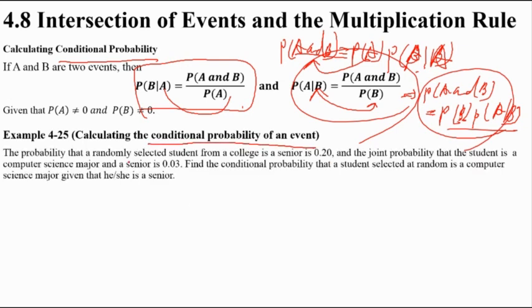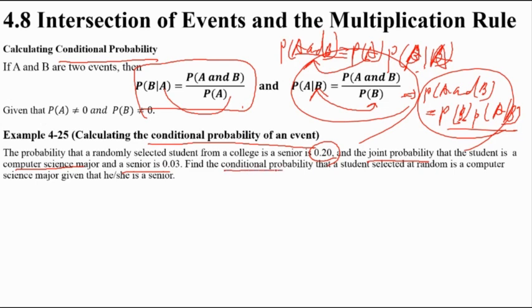So the probability of randomly selecting a student who is a college senior is about 20%, 0.2. And the joint probability that a student is a computer science major and a senior is about 3%. Let's say A is senior, and B is computer science.